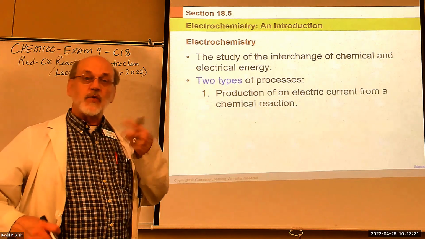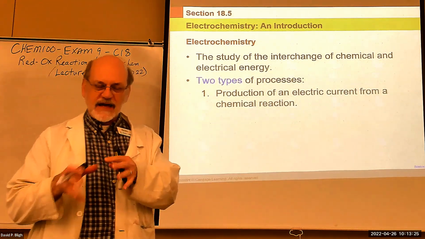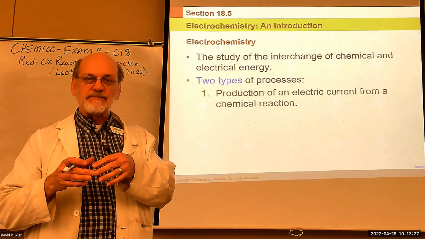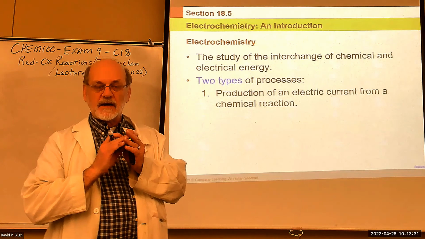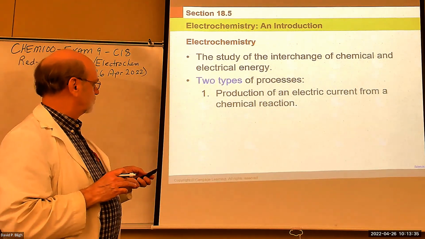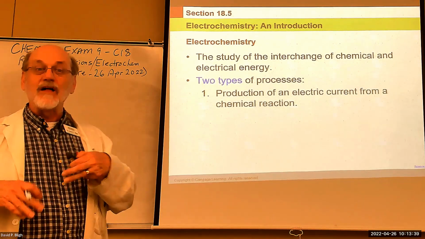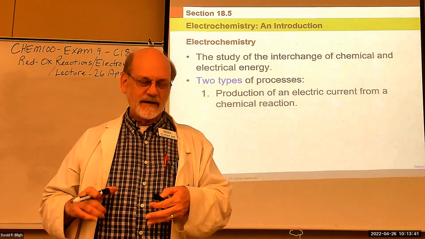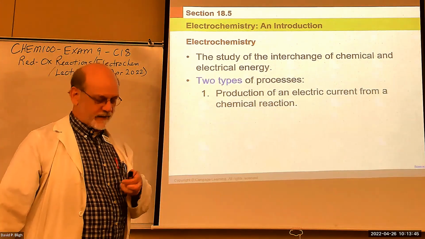We can look at this in 2 ways. If you put reactants together and they spontaneously react by transferring electrons, then you have a galvanic situation. I can't say a galvanic cell yet. We have to qualify that.